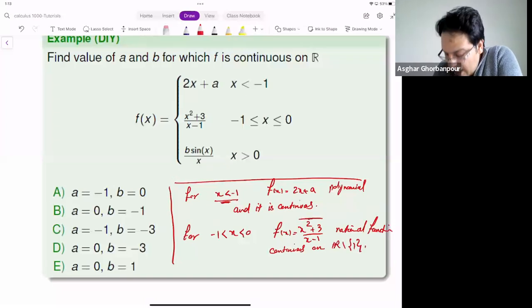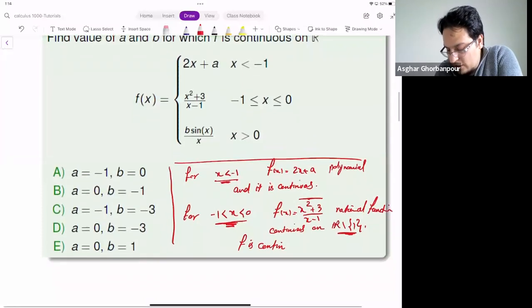It's continuous everywhere on its domain, and its domain is everything but the number 1. That means that our function, which is equal to this rational function only on the interval -1 to 0, is continuous because that bad point is not included in this interval at which the function is equal to that rational function. So f is continuous on -1 to 0.